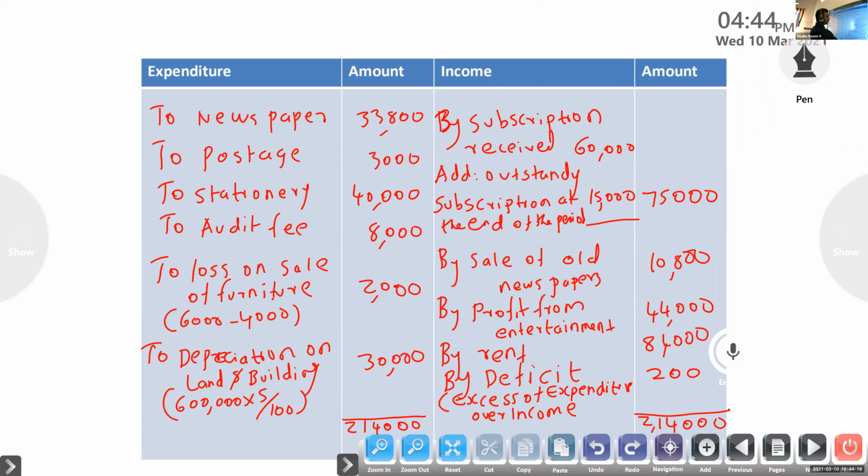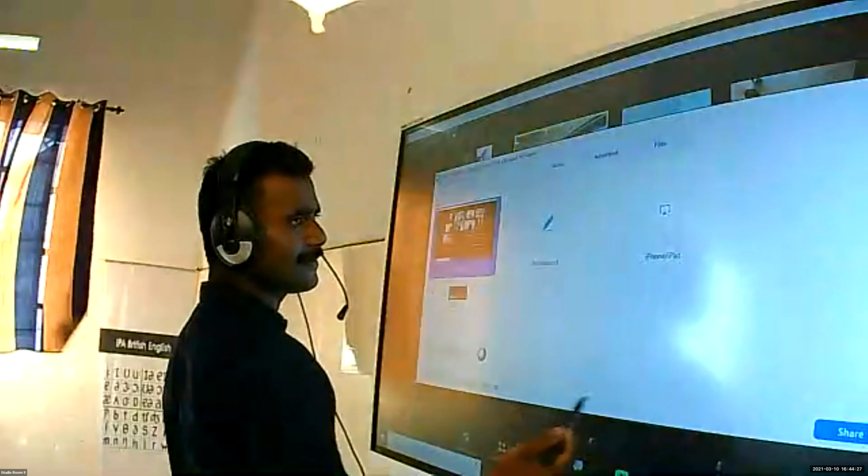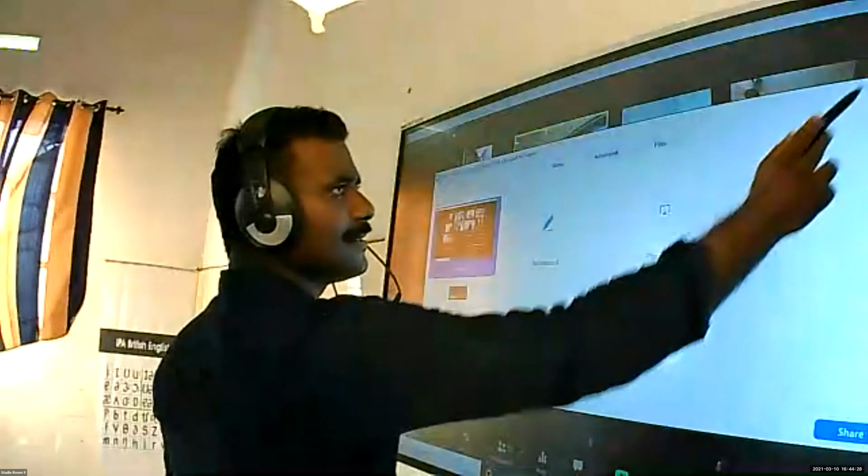Over. Now, the opening balance sheet is given, so no need to do the opening balance sheet. Now, closing balance sheet. Okay, balance sheet as on 31st March 2017.